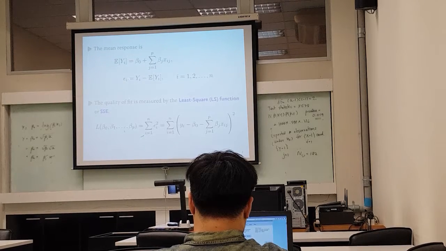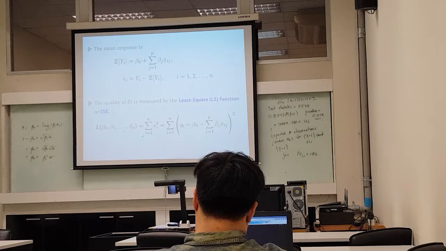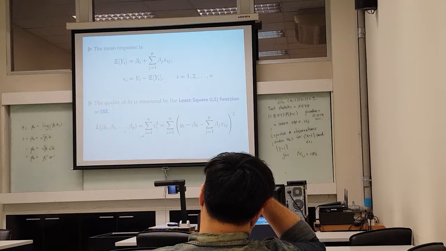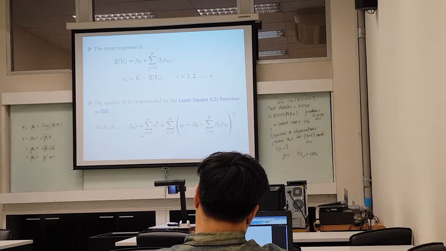If you take the square and sum it from i equals 1 to n, you just plug in y here and beta here. This function is called the least square function.